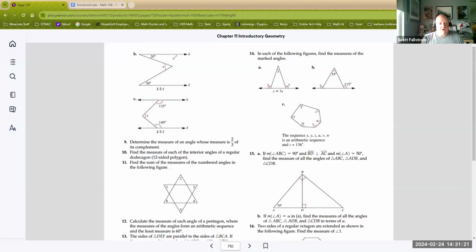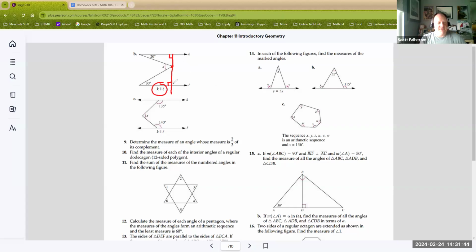You could use this point and go, I'm going to create a perpendicular line straight down. And because the lines are parallel, these have to both be perpendicular. That is not the case over here, with what I had before. This line that I drew between these, I don't know if it's perpendicular. It may look perpendicular, but it doesn't have to be. So we have to be careful with that.